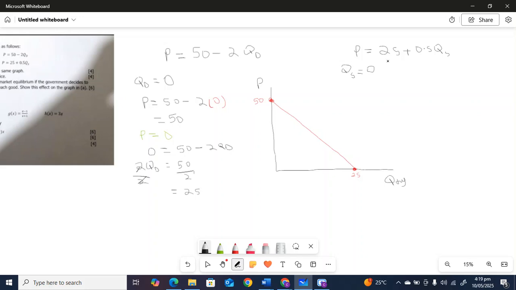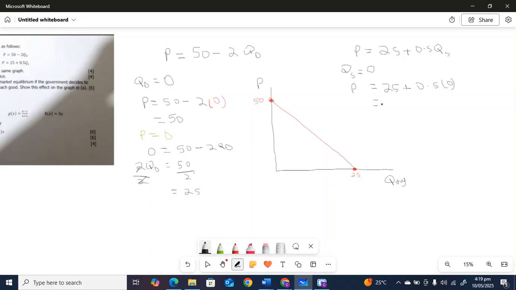So if you substitute QS equals 0 into the supply function, it's 25 plus 0.5 times 0, that is 0.